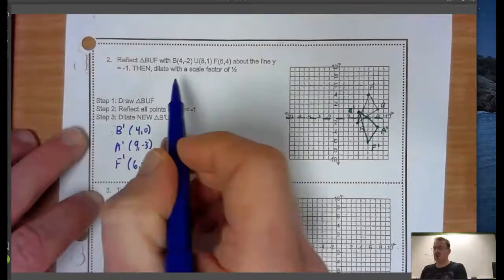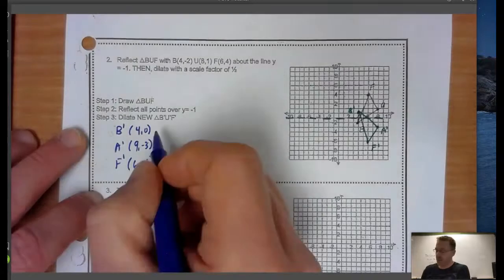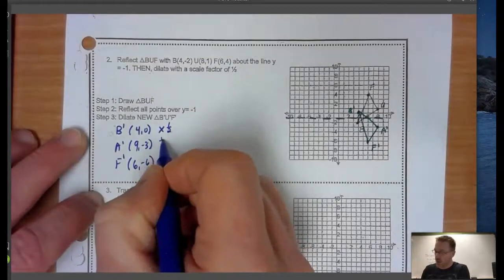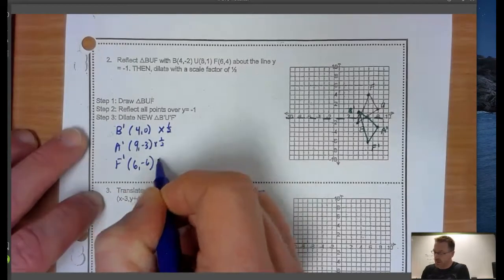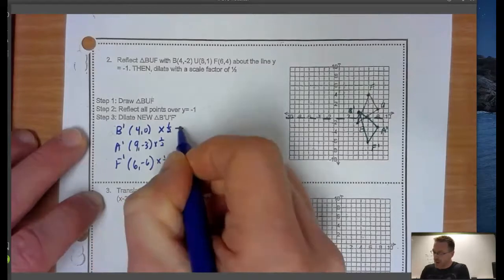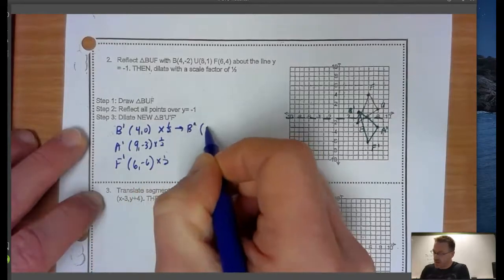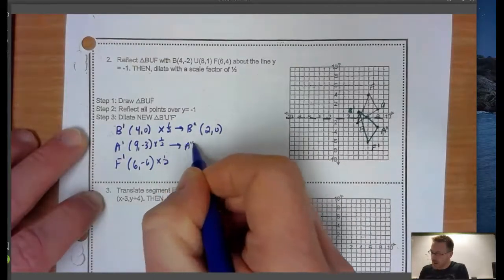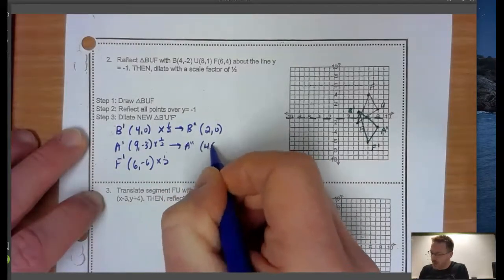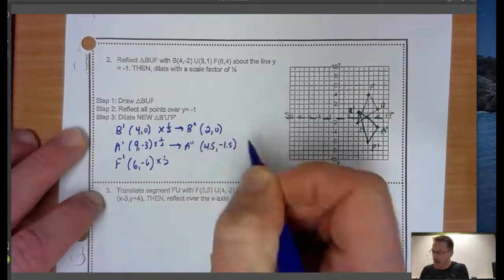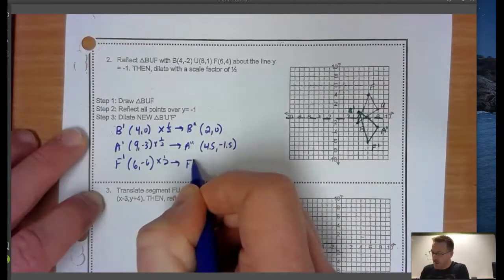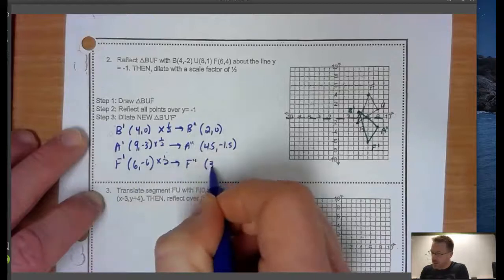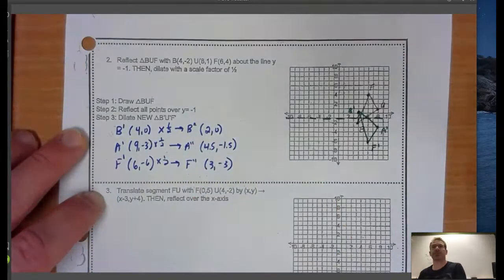Once again, we want to do a scale factor of 1/2, so I want to multiply this by 1/2. So B double prime would be 2, 0. A double prime would be 4.5, negative 1.5. And then F double prime would be 3, negative 3.